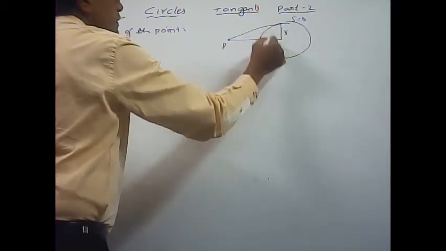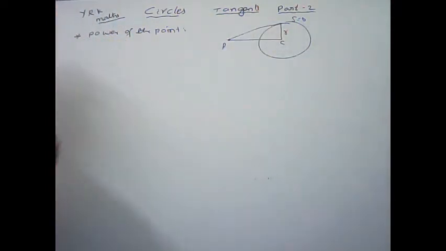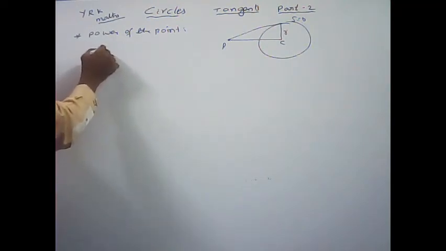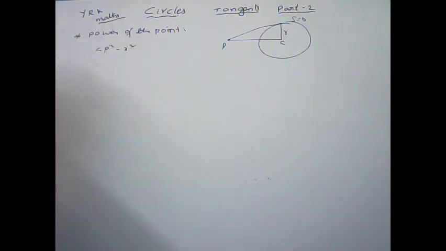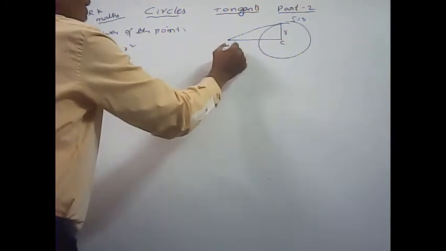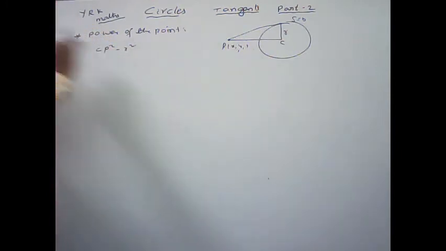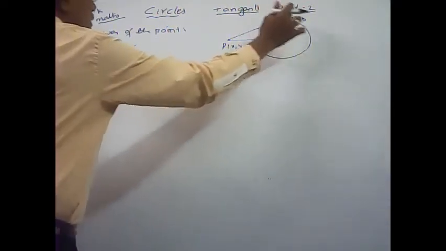Here this is the radius, this is the center of the circle. Here CP square minus R square. Here P I am taking as x1, y1. CP square minus R square is said to be the power of the point x1, y1 with respect to circle S equals to 0.